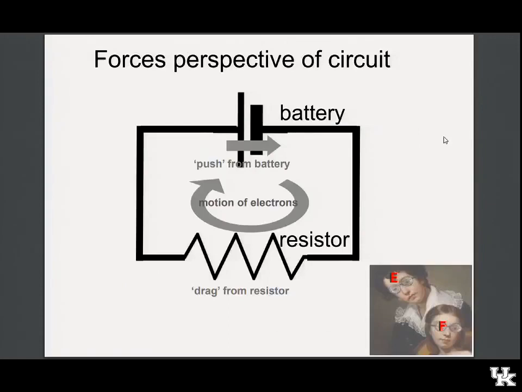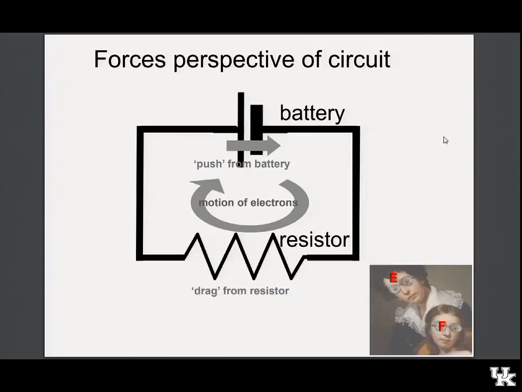If you want to think about this circuit from the perspective of forces, the way I would think about it is that the battery is providing a kind of chemical push, a chemical force that is going to drive the charge, drive what we call the current, which is the flow of charge, around the circuit.